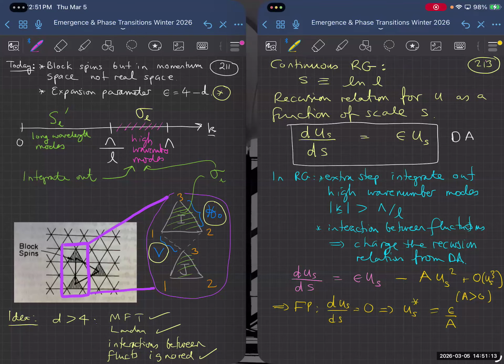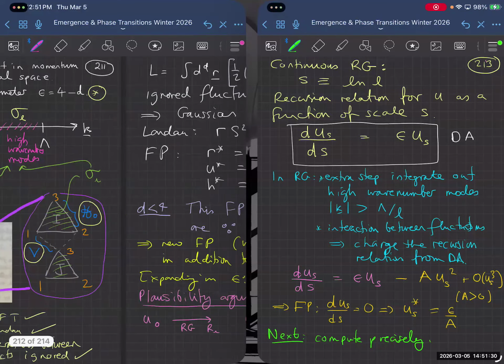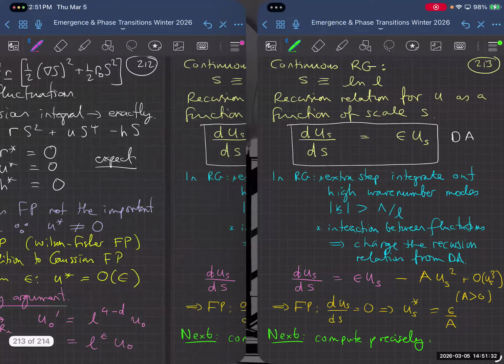So the next thing that we want to be able to do is understand how to compute this precisely. So that is the overview. We want to compute this fixed point precisely.